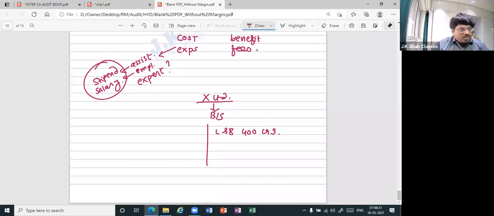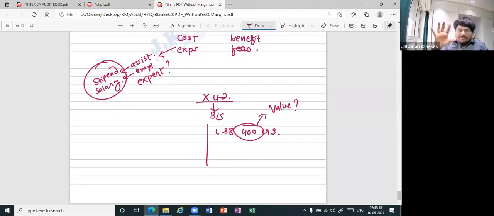Now I'm auditor. Do I have to check the value also, whether the value is correct or not? Obviously, they can write anything. I have to check whether it is correct or not, genuine or not. Supposing I stand and see the land and building, will I come to know whether it is of 400 crores or not? Land and building will not talk to me. So obviously, I have to find out the value.